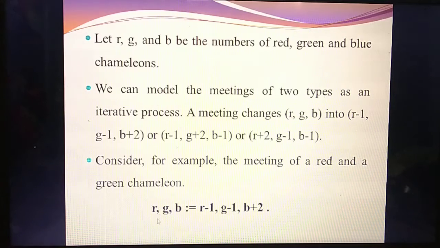So listen, R, G, B. Arrange a meeting between red color and green color. So R minus 1 comma G minus 1. From the red color one and the green color one are arranging a meeting between them. So it automatically will join to which color? Blue color. So B plus 2. These two are adding to which color now? Blue color.